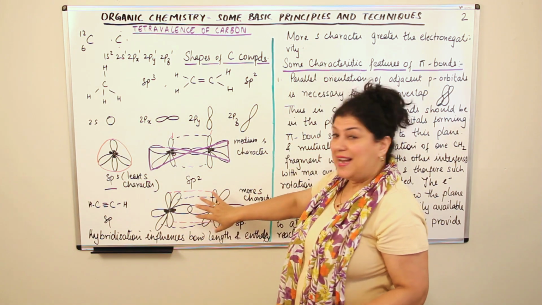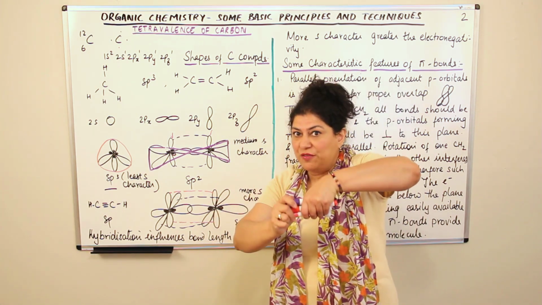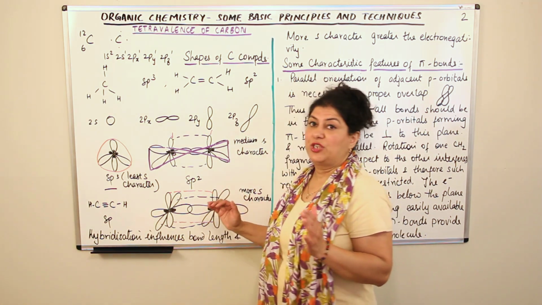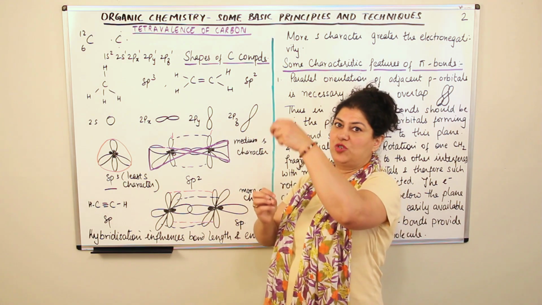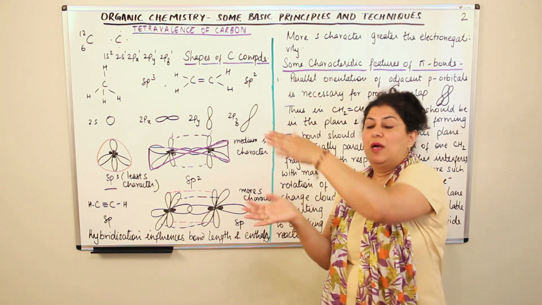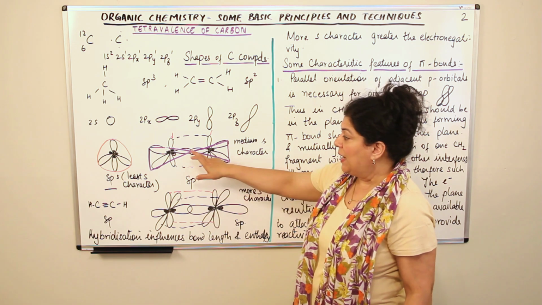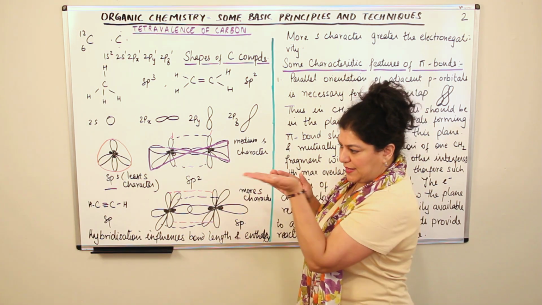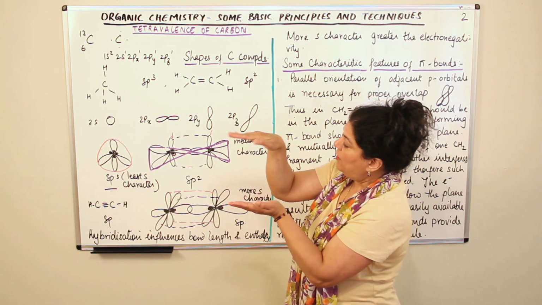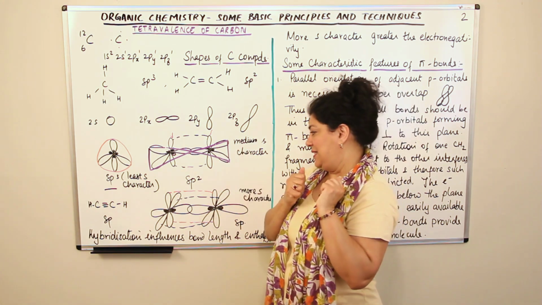So in an sp hybridized molecule, around the two carbons, if you want to rotate one of the carbons, it would be very difficult because there are lobes of electron clouds above and below, in front and behind, in the case of sp. And in the case of sp2, you have one basic bond, and then one lobe above it and one lobe below it, restricting the motion if you want to twist it.